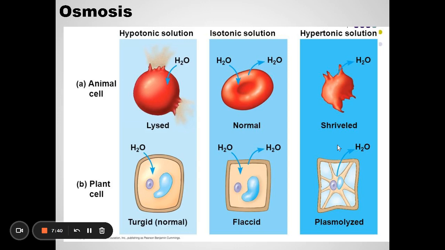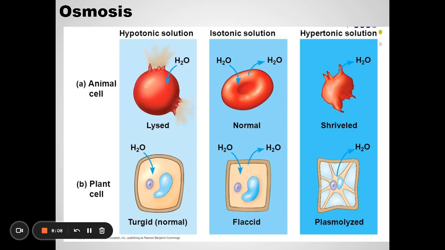Okay, so this diagram shows that in plant and animal cells. So if we look at this first situation, we have a blood cell, and it is in a hypotonic solution.